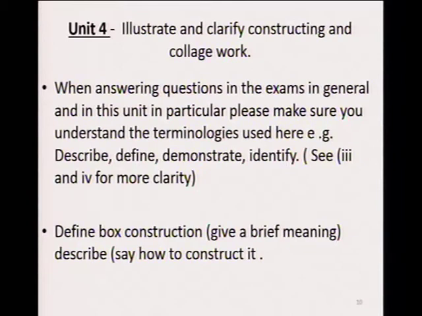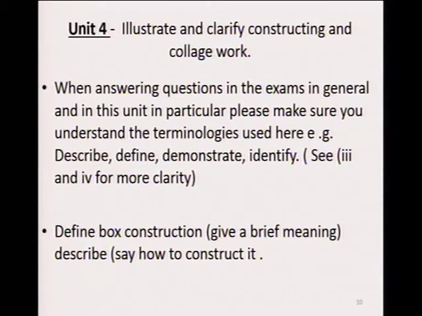When answering questions in the exams, in general and in this unit in particular, please make sure you understand the terminologies used here. For instance, we have terminologies like describe, define. You should be able to demonstrate, identify.